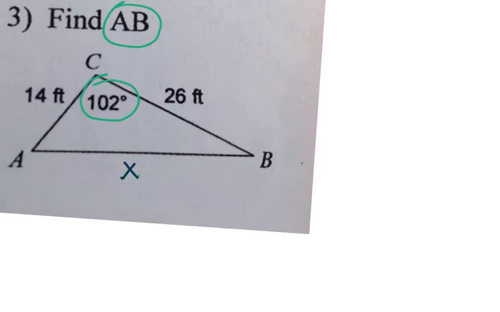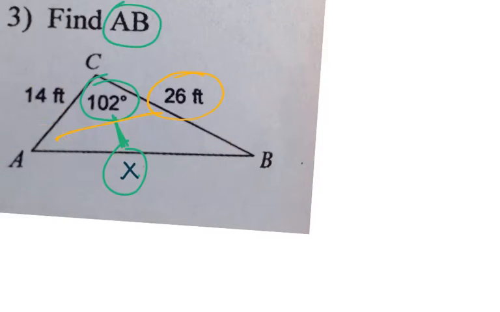And notice how the 102 and the x are opposite of each other. So I could set that up with the law of sines. But notice again that 26 is opposite of A, which I don't know. 14 is opposite of B, which again, I don't know. So if we only knew the law of sines, we'd be stuck because we're missing too much information there.